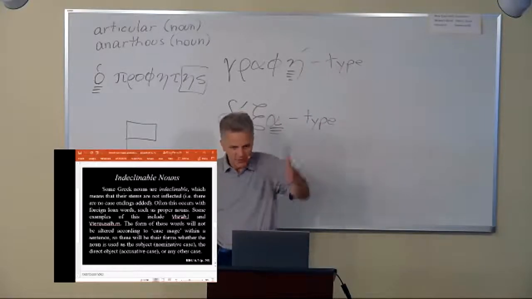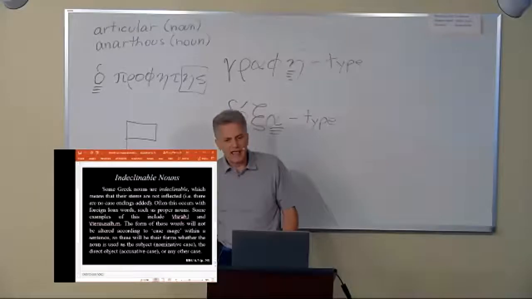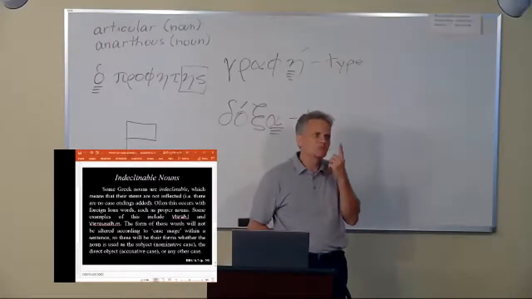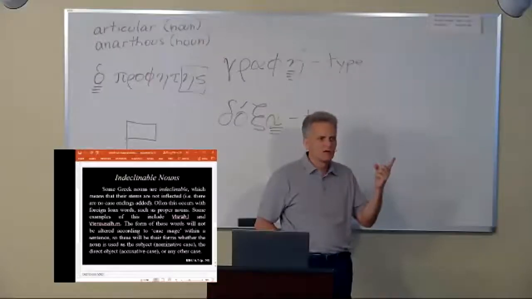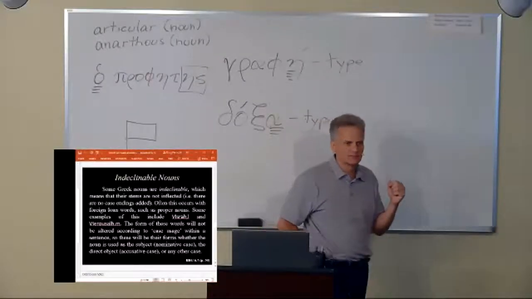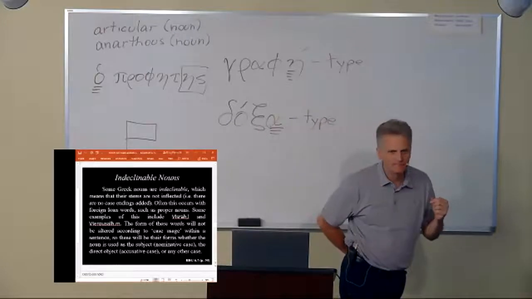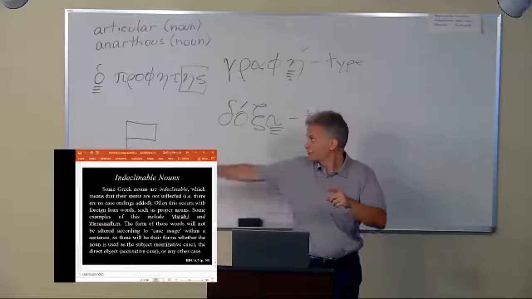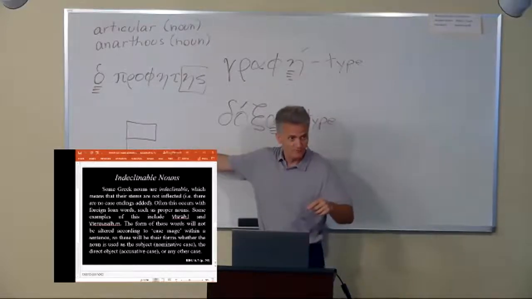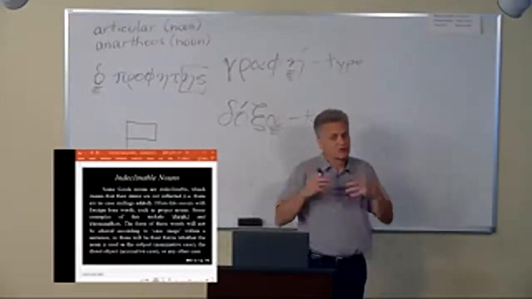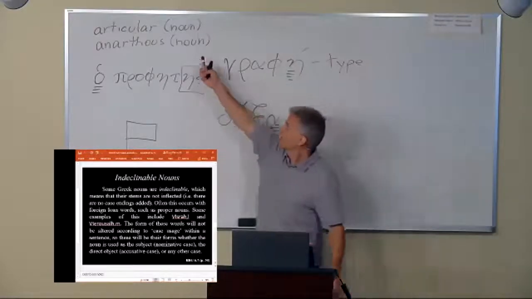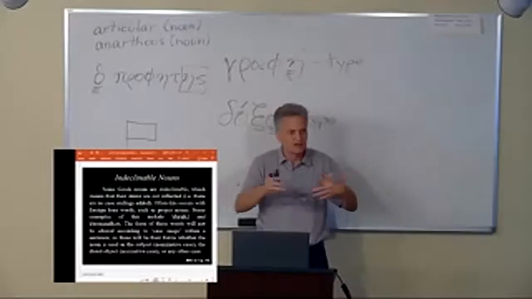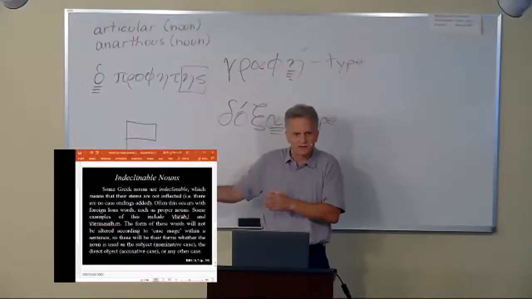So it will have that form consistently. And what would help you most to be able to know which case it should be? The article. That's what would help you the most to know. And if there's no article, if it's anarthrous, then you have to rely on your contextual skills to know where it fits in a sentence.